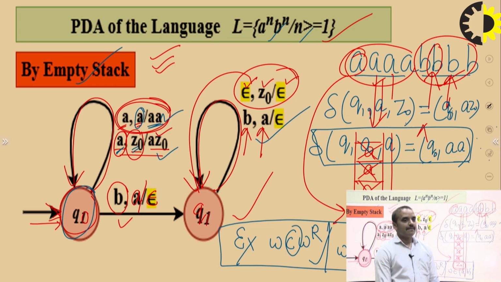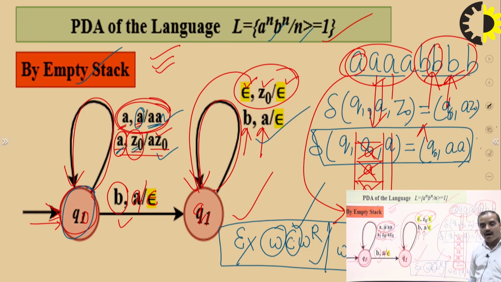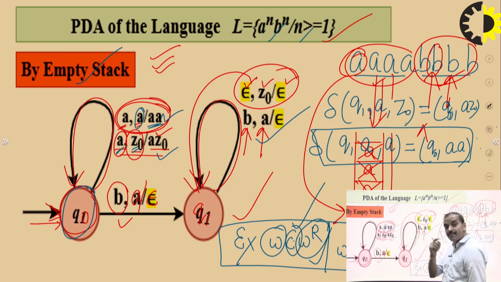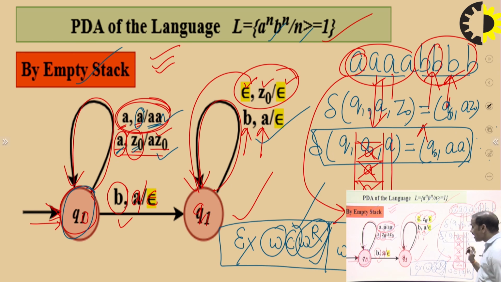That means the middle of the language is identified, so we use the concept of a deterministic PDA. Before the C, we have a W, and after the C, W power R. The sequence before C is similar and reversed in W power R.